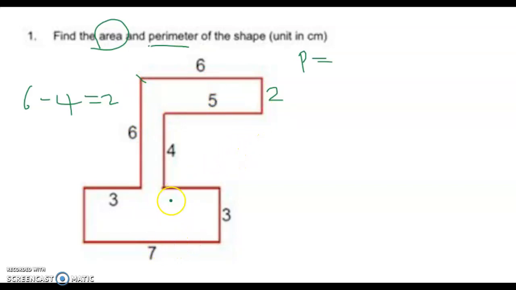Now for example, see, this is 7. So we also know that the whole length will be 7, because this is a rectangle, right? In a rectangle opposite sides are equal. Like here also, this is a rectangle, this side and this will be 2, isn't it? This is a rectangle as well. So basically we have 3 rectangles in this figure.